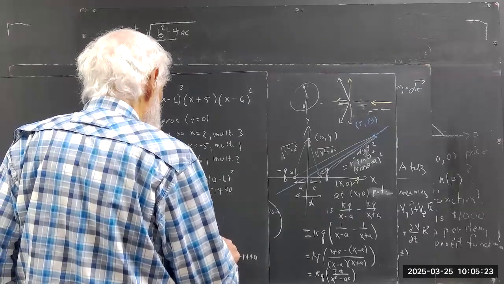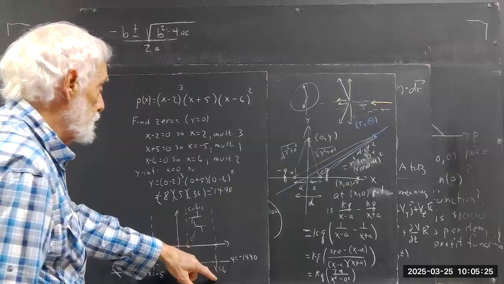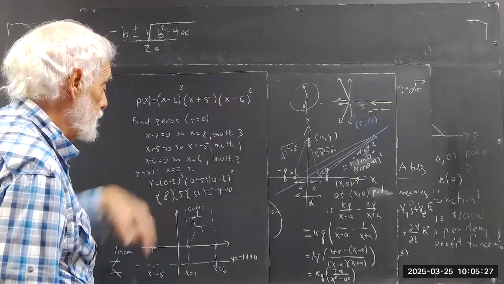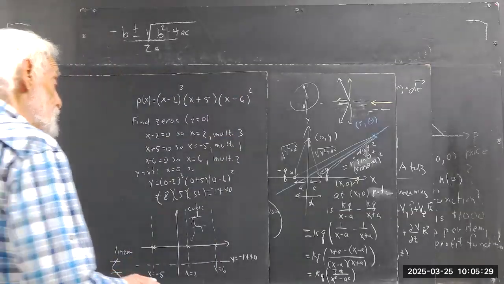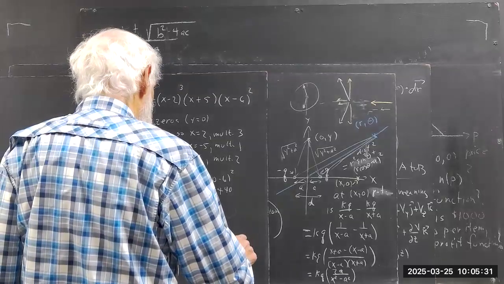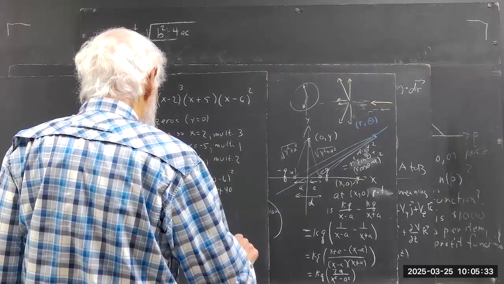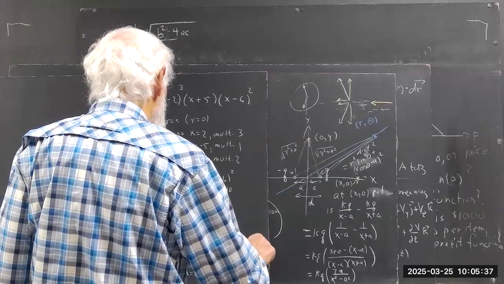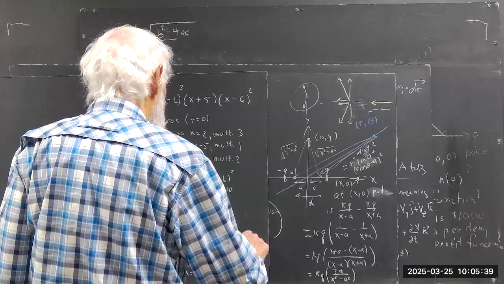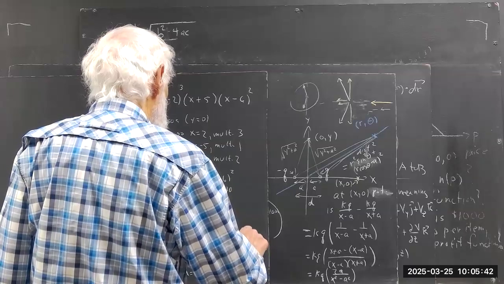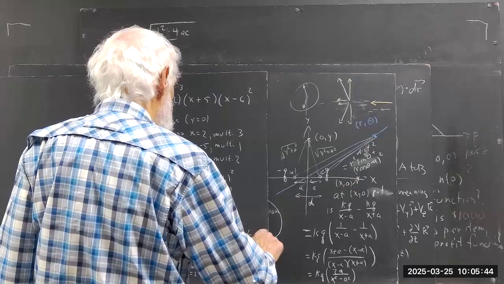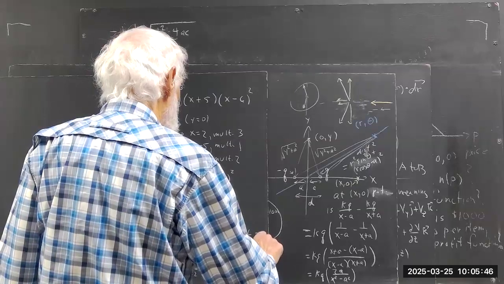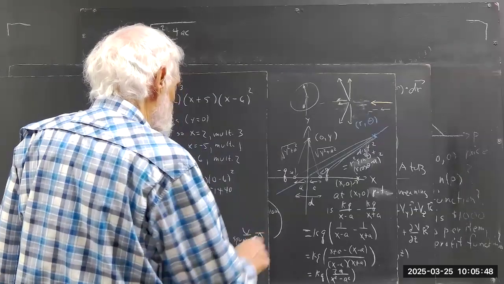Then here, the 0 at x equals 6 comes from x minus 6 squared. So that means it'll either be like this, or like this.